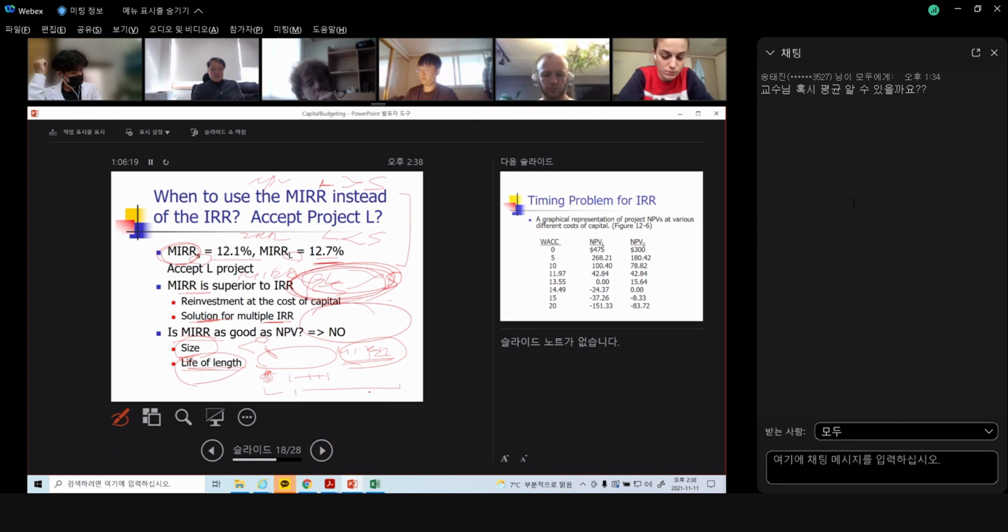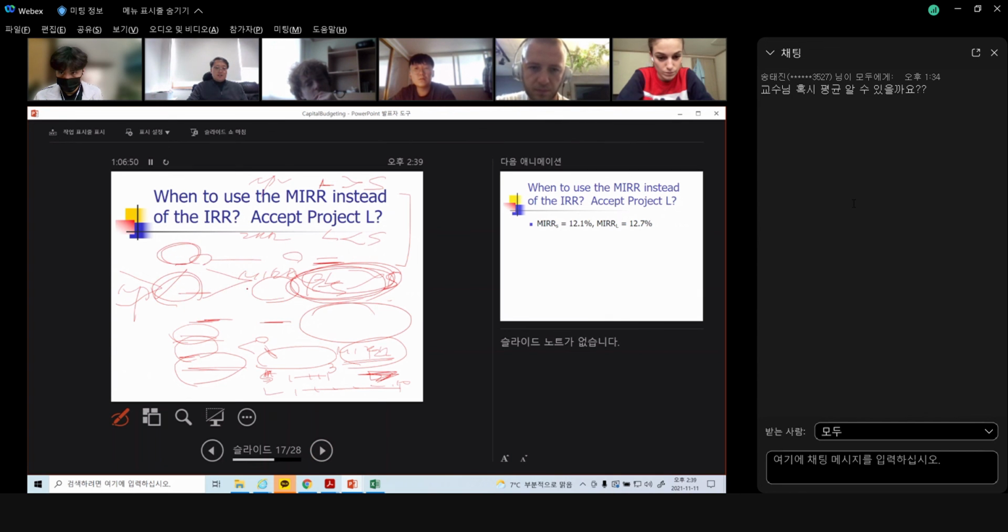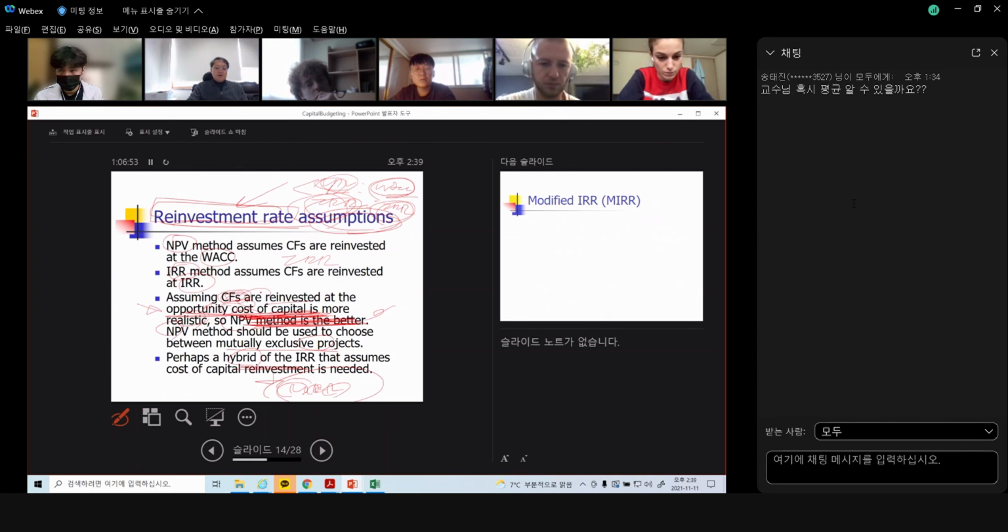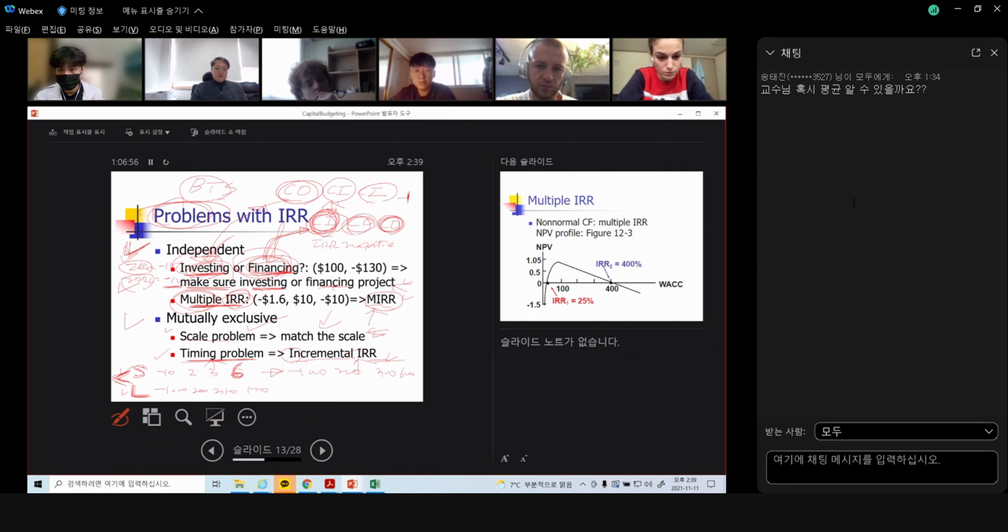Project L, a 10 years project. Then if we compare simply these two projects, it's going to be a problem even if we use MIRR. So MIRR is better than IRR, but still inferior to NPV. Okay, that's the cure method for multiple IRR, MIRR.